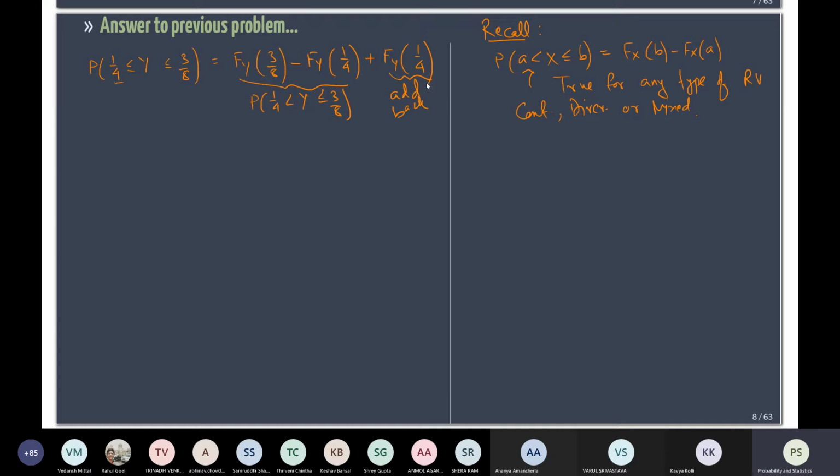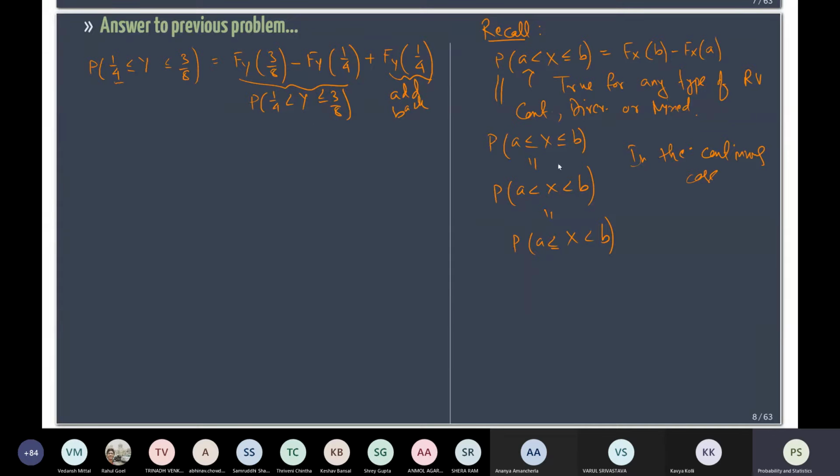We add back in the case of discrete. But if it was a continuous case, we have noted this down: P(a ≤ X ≤ b) is the same as P(a < X < b), which is the same as P(a ≤ X < b). So in the continuous case, all these are equal, right?